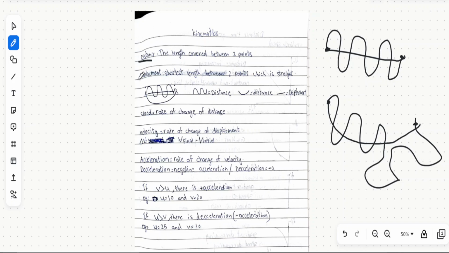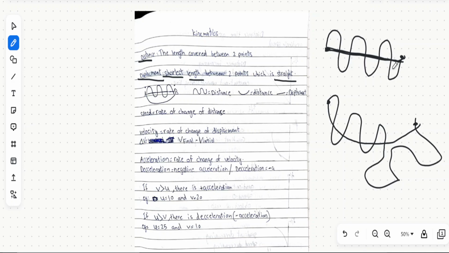So, what is displacement then? Displacement is the shortest length between 2 points, which is a straight line. So, for example, in this case, when I have these 2 points, the shortest length, this line right here, is a straight line and it's the shortest path that I can take between my 2 points.